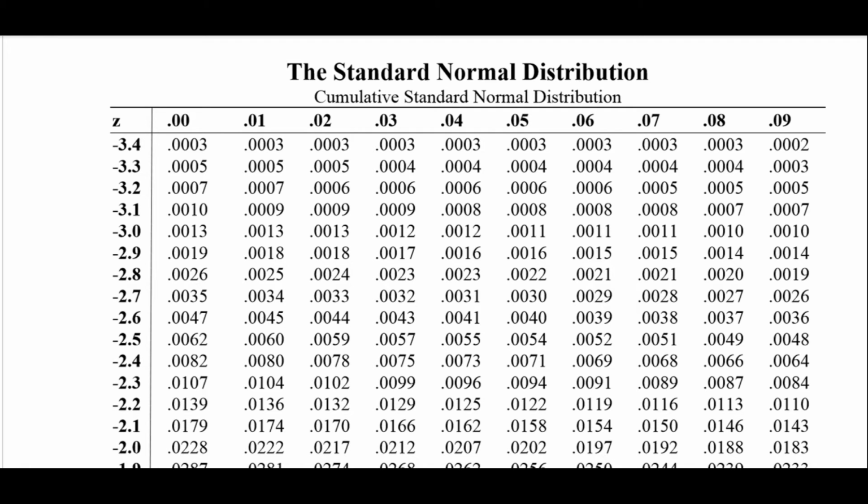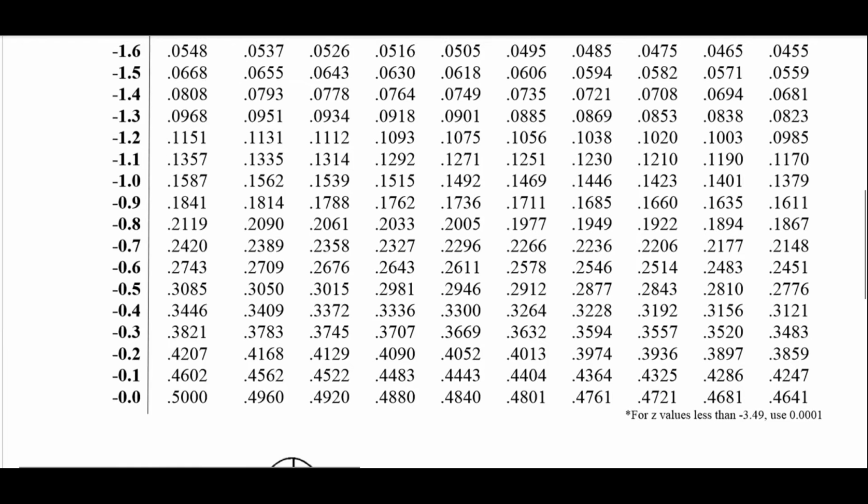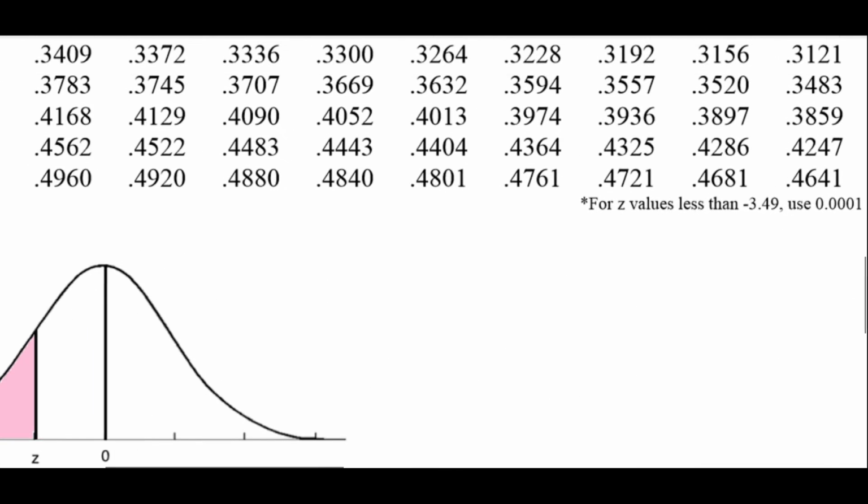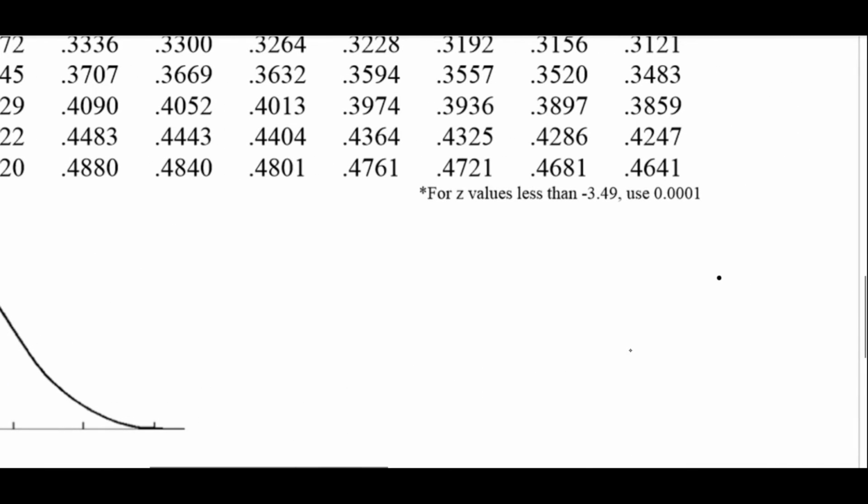All right, notice that the smallest z value that I have is negative 3.49. I don't have anything past that point. Since that value is too big, I'm going to go to the bottom where it says, you see this statement right here: for z values beyond negative 3.49, use this as your area.